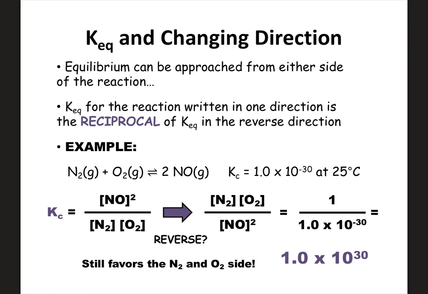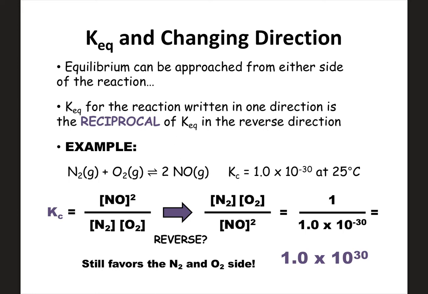Notice the reaction still favors the N2 and the O2 side. When you're looking at the forward reaction, the Kc is very, very low. That means products over reactants, there's many more reactants present, so it favors the left side, the N2 and the O2. When you reverse it now, you get a very large number for the value of Kc. Well, that means the products are favored.